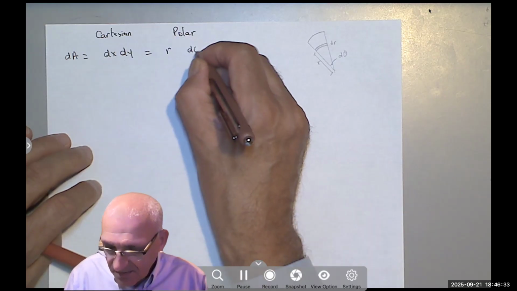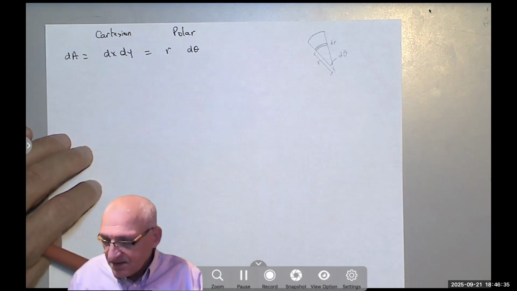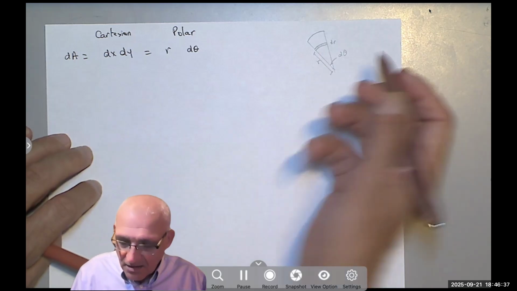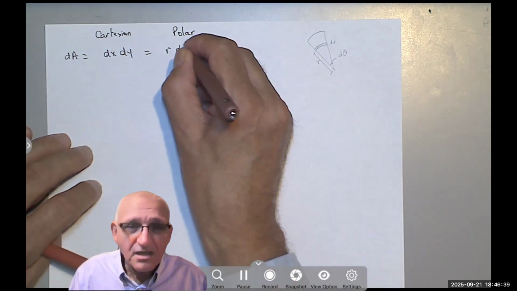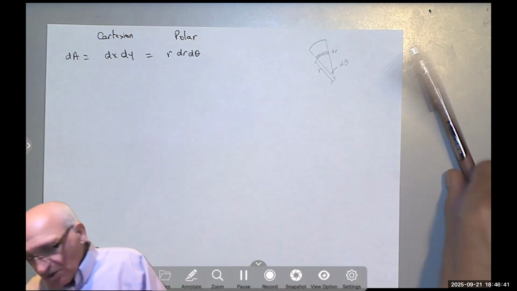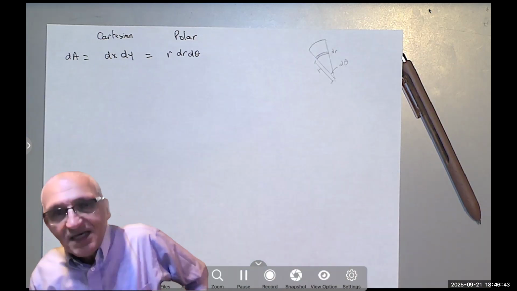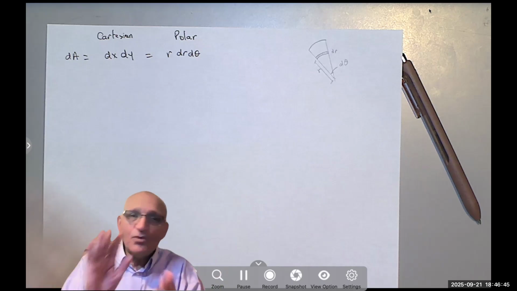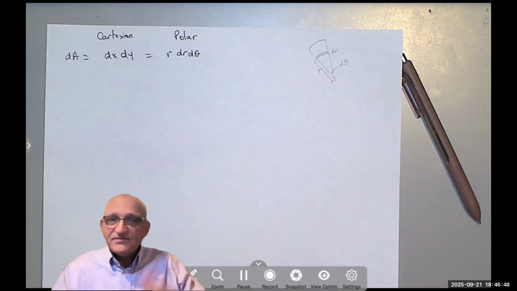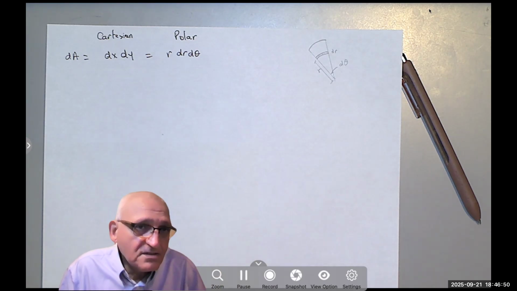I'm going to write them away from each other because the width is dr. So usually we write the r next to its derivative. So r dr d theta is the equivalent of dx dy. That's it. After that, you integrate the same way.